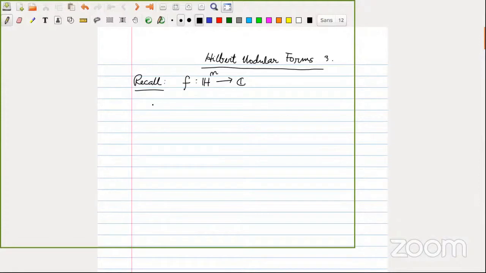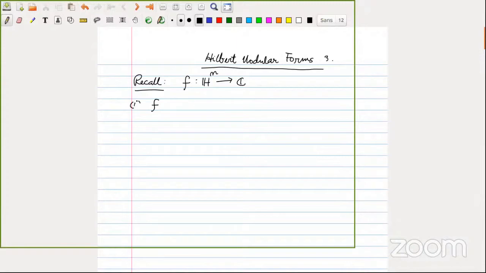Something like f of... I wanted to recall that slashing action, which I wanted to define here. These are the notations which I used.